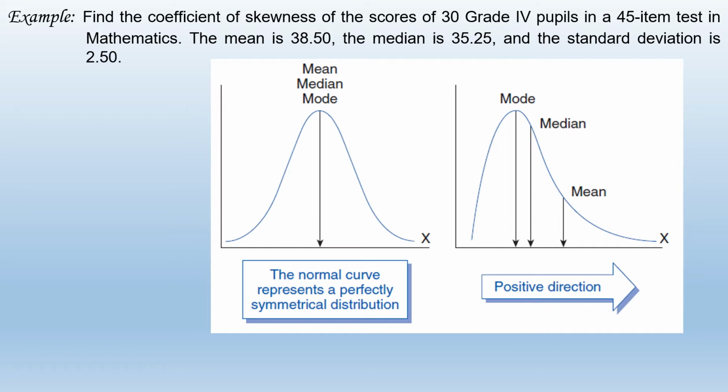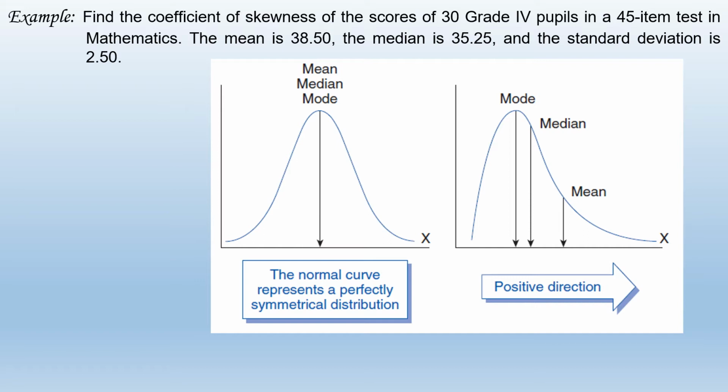The first example: we have to find the coefficient of skewness of the scores of 30 grade 4 pupils in a 45-item test in mathematics. The mean is 38.50, the median is 35.25, and the standard deviation is 2.50.